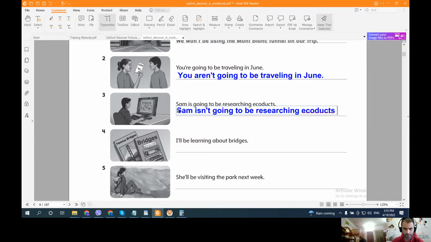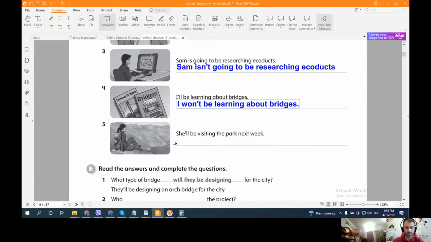Next one. I won't be learning about bridges. Okay. And the last one. She won't be visiting the park next week. Can you say she? She won't be visiting the park next week.